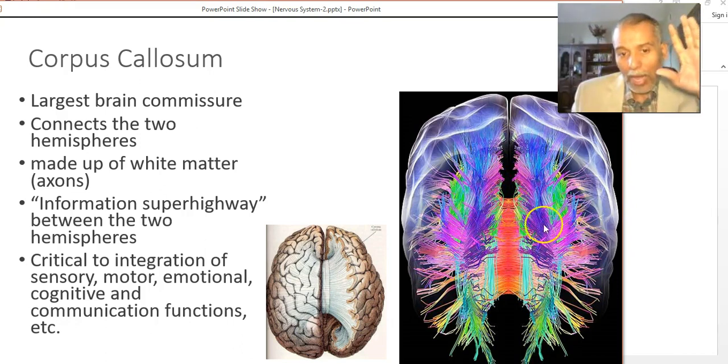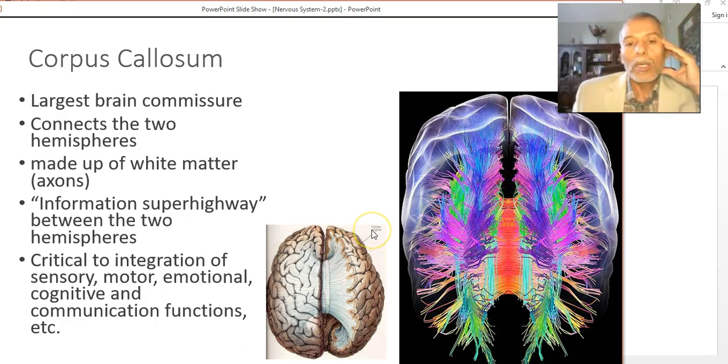You cannot have normal functioning if you do not have that corpus callosum intact. There is a disorder, for example, that's called agenesis of the corpus callosum. If it's not well developed, that's going to cause a very significant neurological and cognitive disorder.